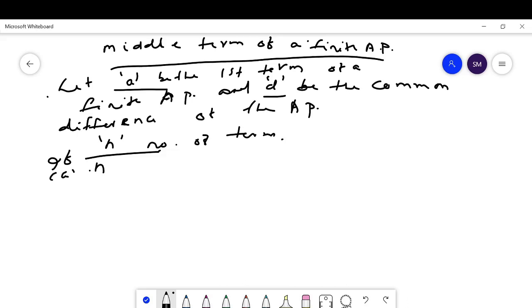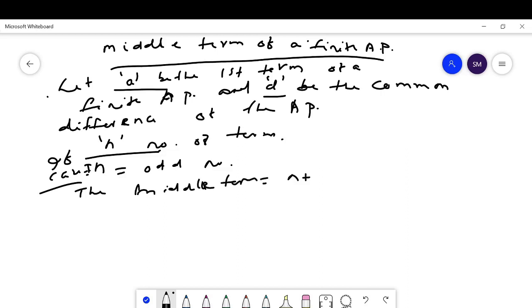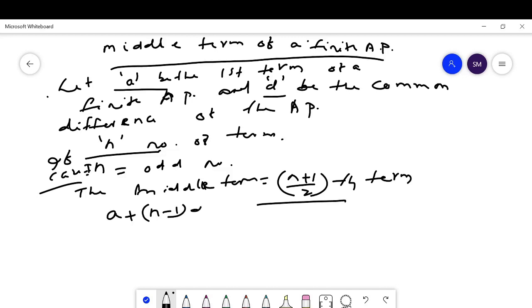There are two cases. Case 1: n is an odd number. When n is an odd number, the middle term is the (n plus 1) upon 2 term. As we know, the nth term is a plus n minus 1 into d.